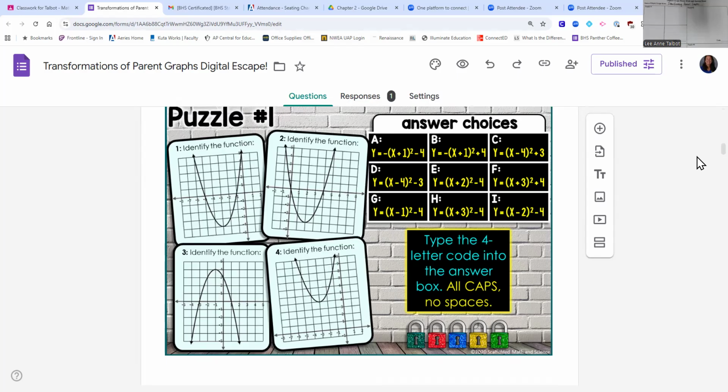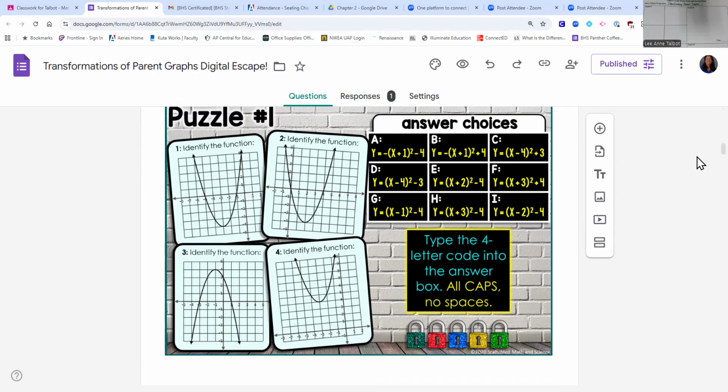Okay, now you remember in the parentheses, it switches sign. So that means in the parentheses, it will be x plus 3. And then -4 on the outside. Let me say that again. The one for x in the parentheses switches sign. So it'll be x plus 3 minus 4. Okay, so which one has x plus 3 minus 4?